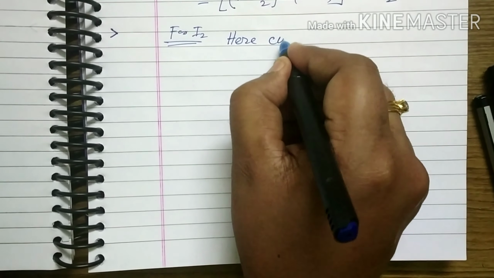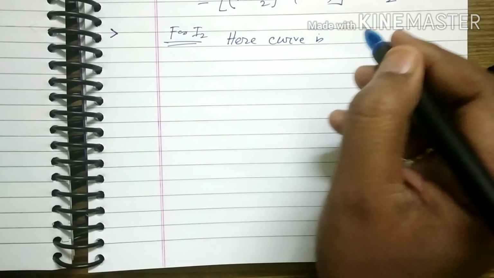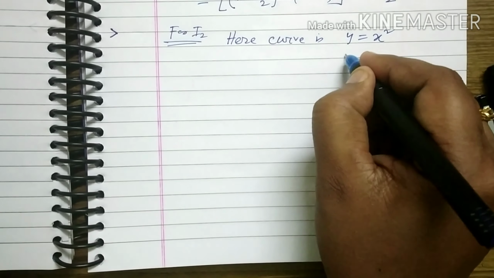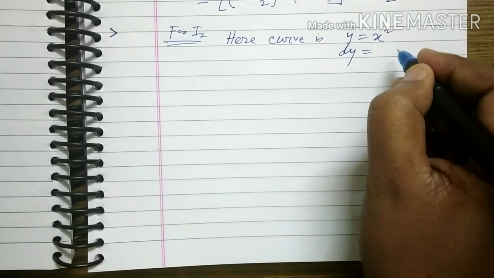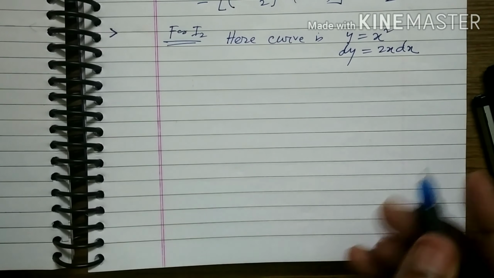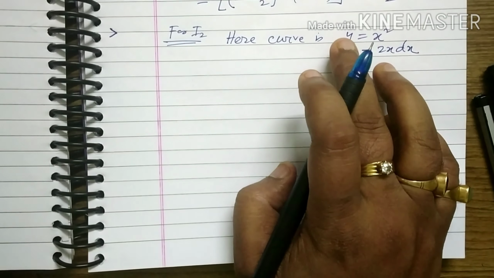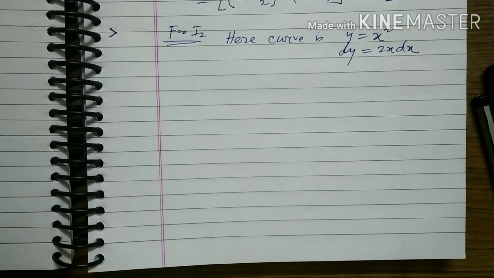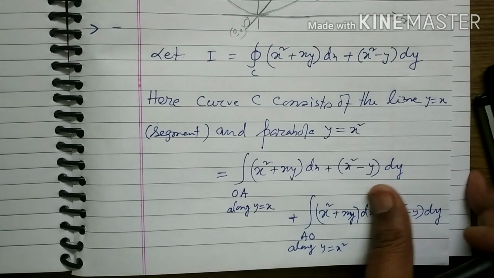Here the curve is y equals x square. What is dy? dy equals 2x into dx. So you replace all y by x square, the same logic.